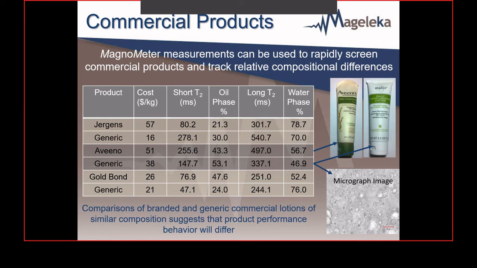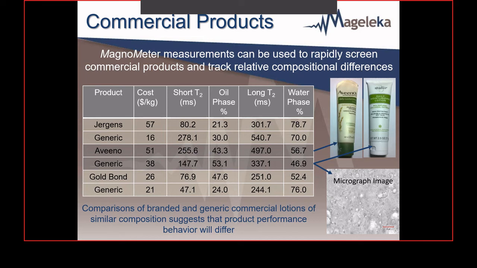So it suggests that each emulsion is different. And what this means is that even if you're using apparently the same products, the partitioning into the oil and water phase is clearly different. So it's likely that some of the raw ingredients themselves must differ.